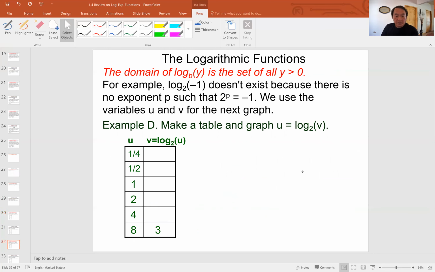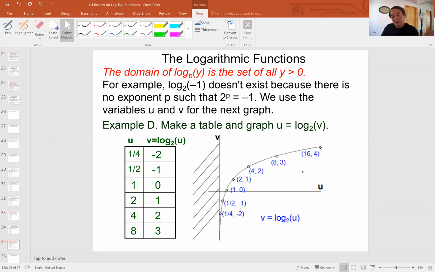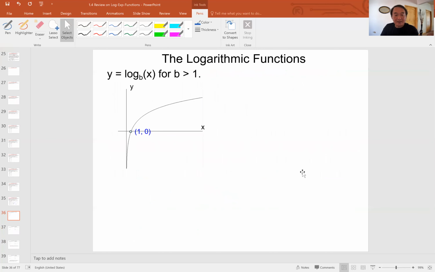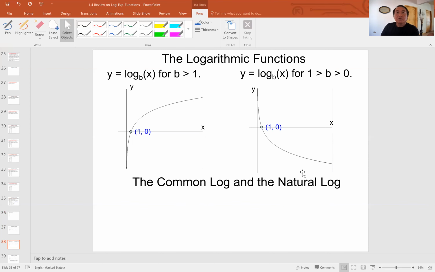Here's a table. If I make a table of log base 2, and this is the graph. Notice there's nothing on the left-hand side because there's no negative x to take the log of. The graph depends on whether the base is bigger than 1 or between 0 and 1. The two log bases we use most often are on your scientific calculator.